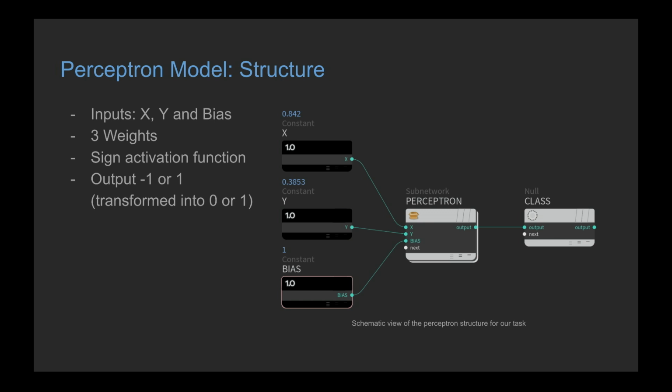It's a constant. It's always 1. And we're still going to be adjusting the weight on that connection as well. And then we have an output, which would be -1 or 1, because we're going to be using the sign function for the activation. And we're just going to transform it into 0 and 1 for the class, but it doesn't matter.